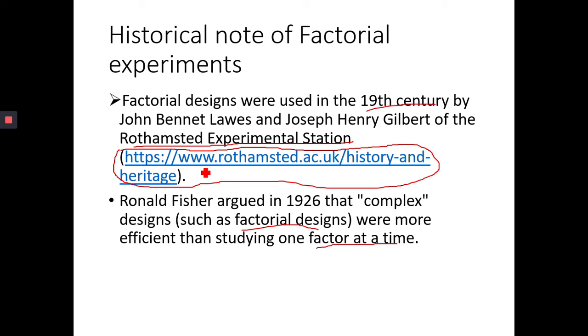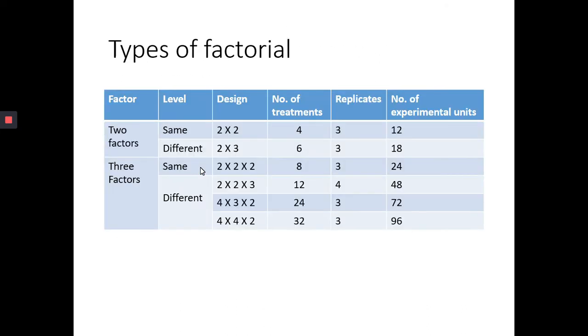Now let's move on. I want us to look at the types of factorial designs. So what we have in this table, dear students, is factor, level, design, number of treatments, replicates, and number of experimental units. Don't try to memorize this.